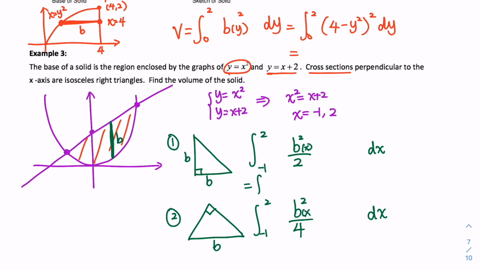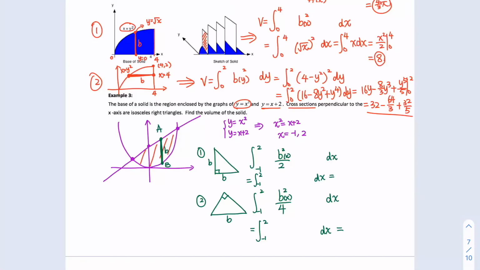So this will be from -1 to 2, b, the distance between A and B. For point A, y equals x plus 2. For point B, y equals x squared. So this one will be A minus B, which is x plus 2 minus x squared, squared. Same thing for the hypotenuse case: x plus 2 minus x squared, squared, over 4.